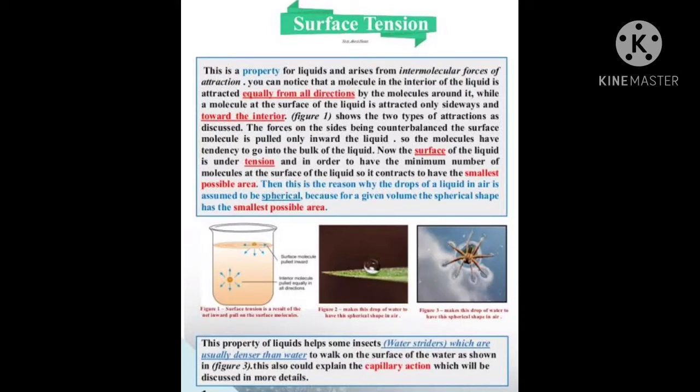So surface tension, it is the property of liquid, and the unit of surface tension is Newton per meter or joule per meter square.